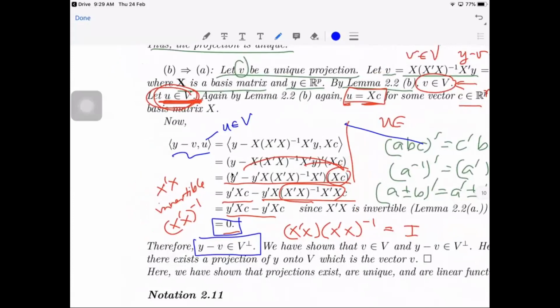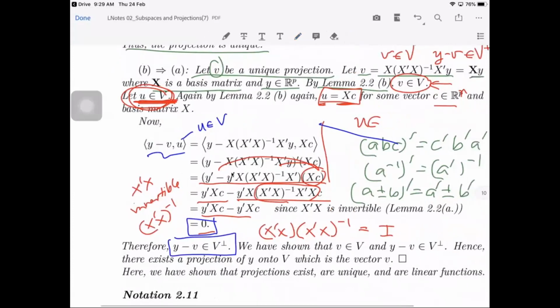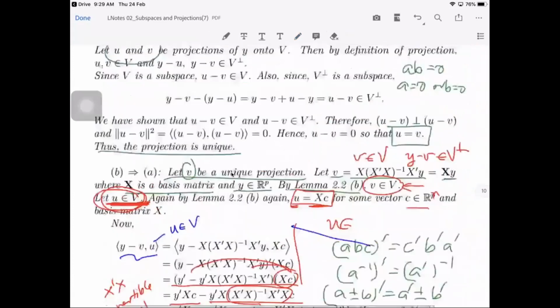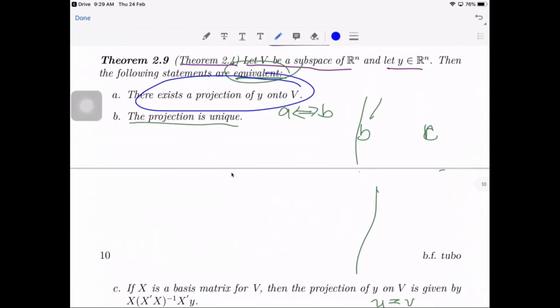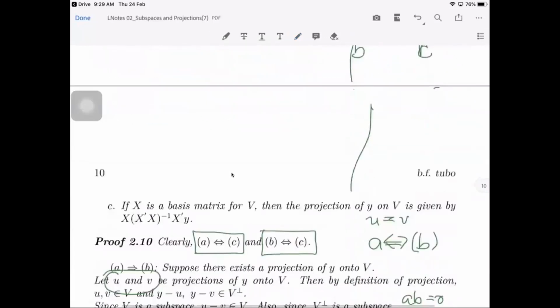Okay, so what do you want to show? We want to show that there exists a projection. B implies A. So A, we want to show that there exists a projection. So duwa ang imong ipakita na basta projection. You want B to be in B and Y minus B is in B perp. That is projection.